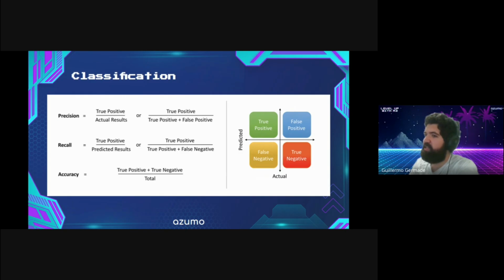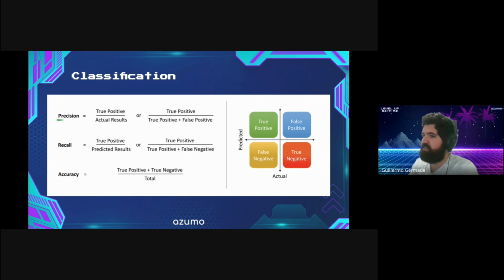There are different metrics that we can use, which is very important to talk with data scientists, because depending on your situation, you might want to optimize your model to have the best result in one of these different categories of metrics.